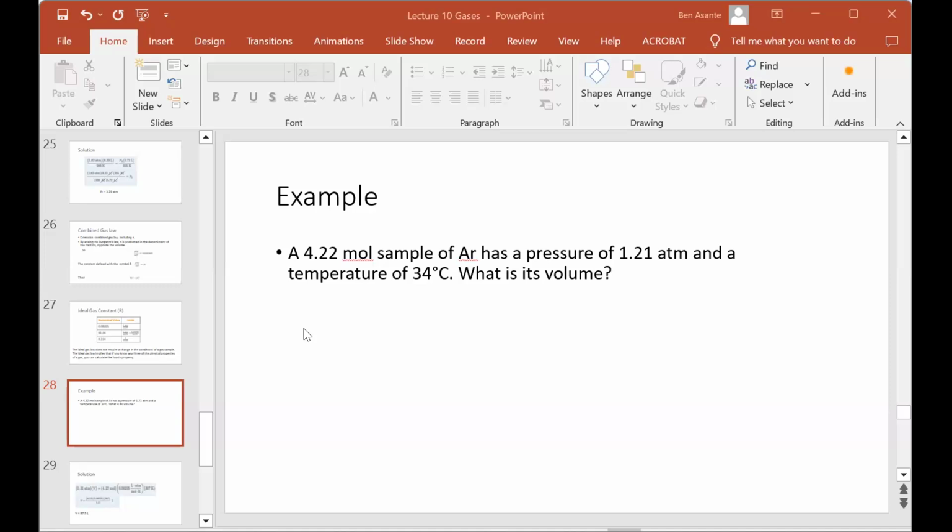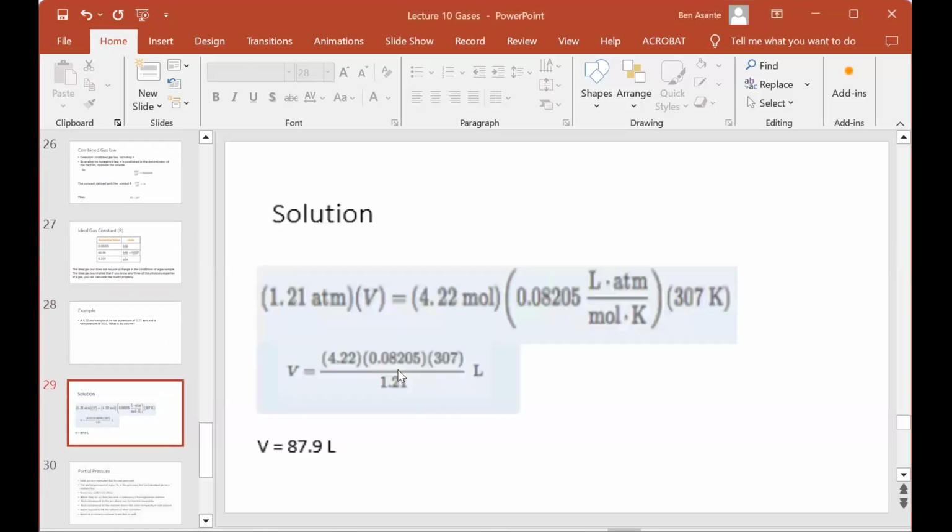All right, let's see the answer together. So we use PV equals nRT. You see, we have our atmosphere, we have volume, we have moles. So we use the R, which is 0.08205 liter atmosphere per mole Kelvin. Then we change the temperature to absolute because there's a mole Kelvin here.